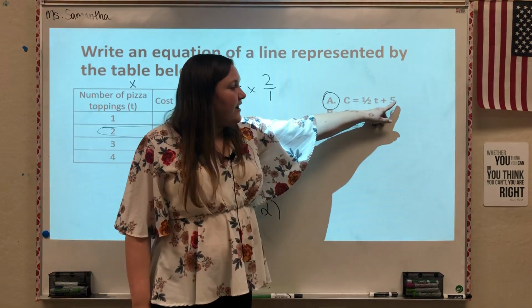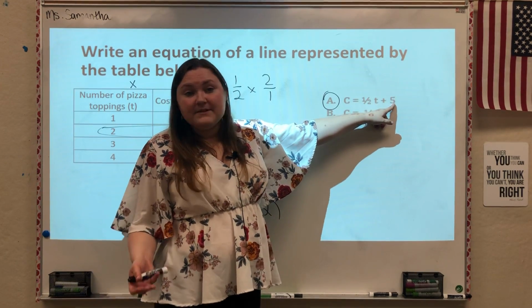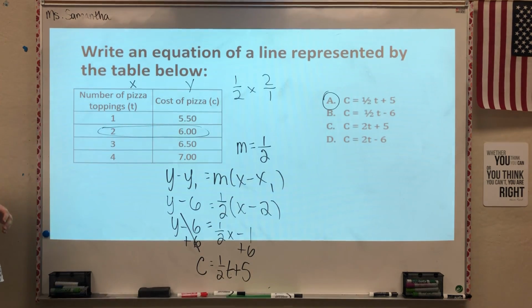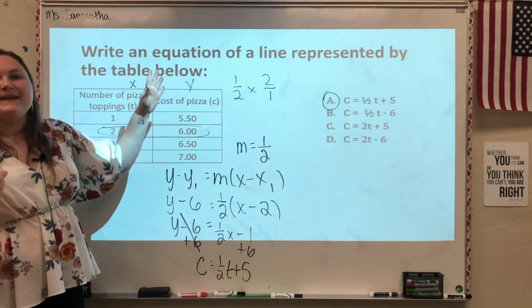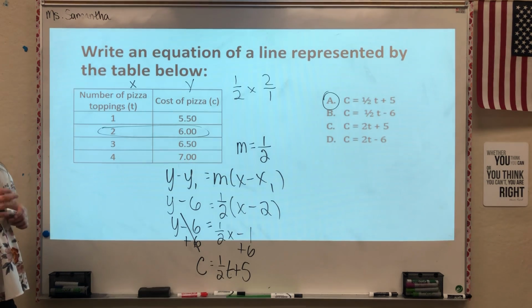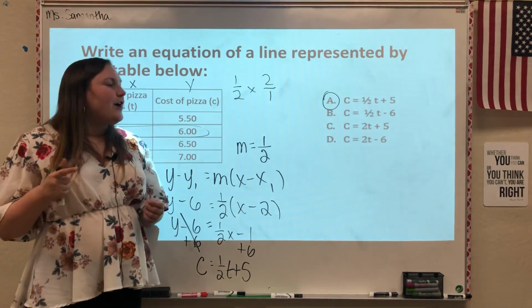This number here, though, which is our y-intercept, also represents something. That 5 represents something here in this situation about toppings and the cost of pizza. Do you know what the y-intercept 5 represents here? I think the 5 is a little harder to see.